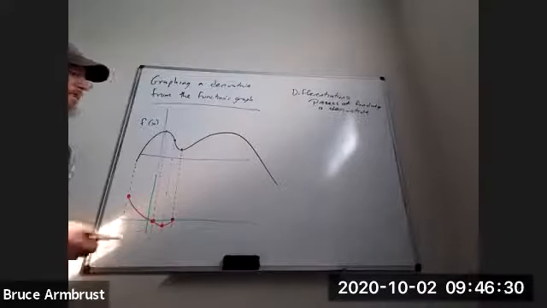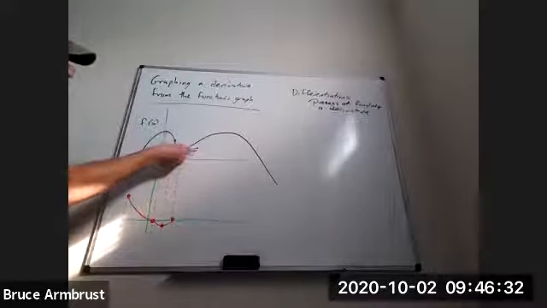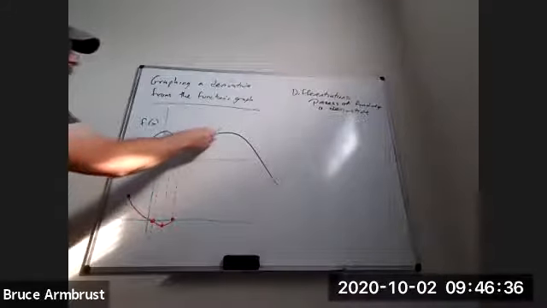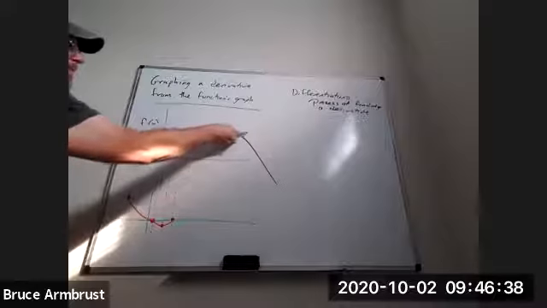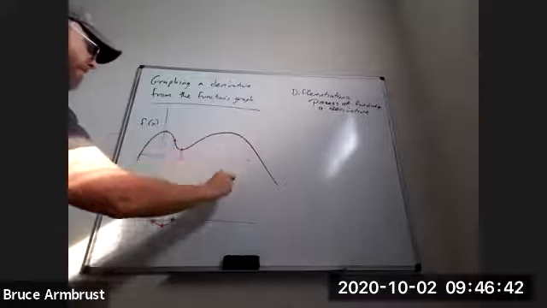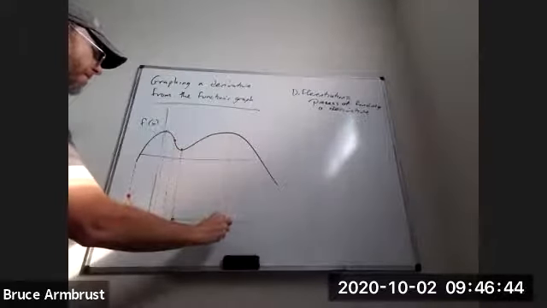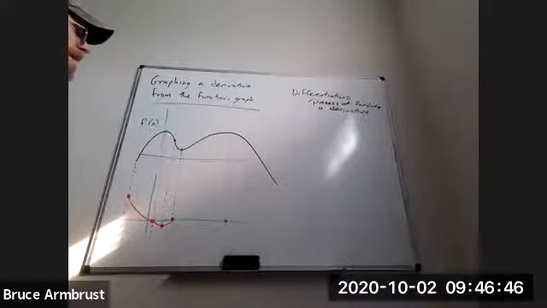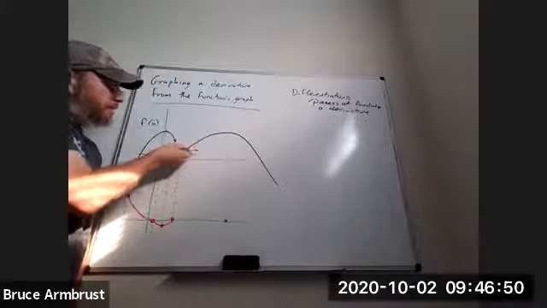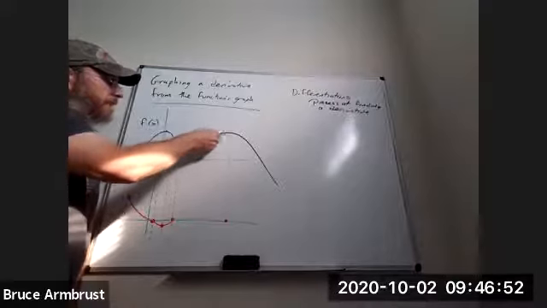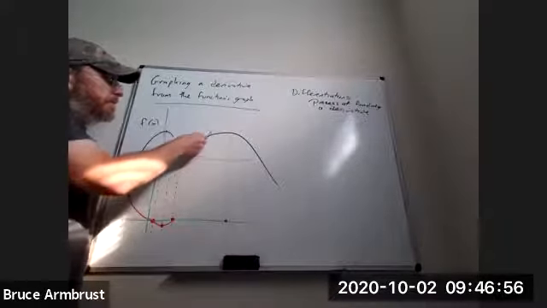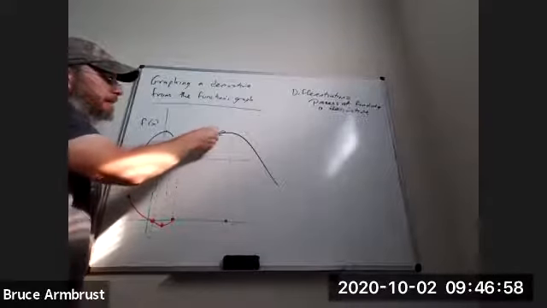All right, so let's see what happens now. So at this point, we start moving, we go back to positive. We stay positive, we stay positive, we stay positive until it flattens out again. So let's mark this one, because that's where we flatten out. And then just like over here, there's a point where we go from getting steeper to getting flatter, right? The line is getting steeper, steeper, steeper, then starts going flatter, flatter, flatter.